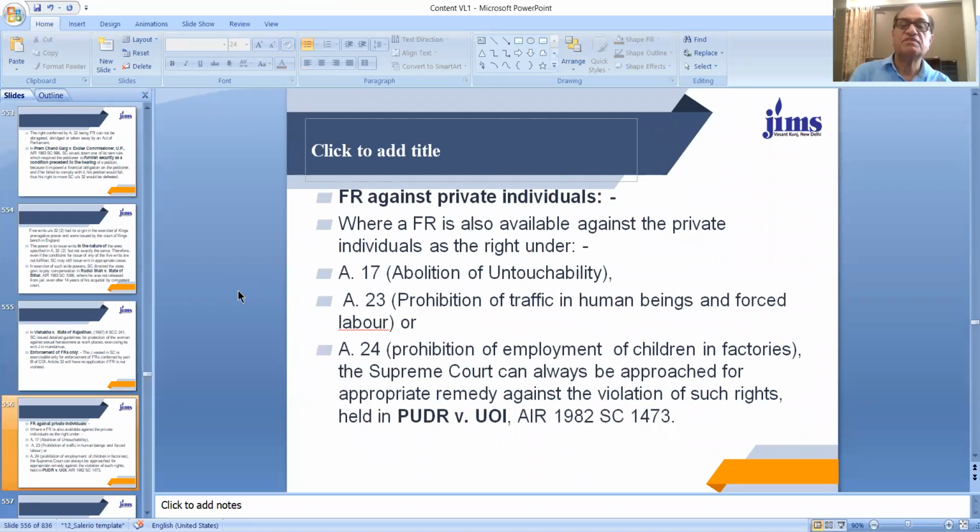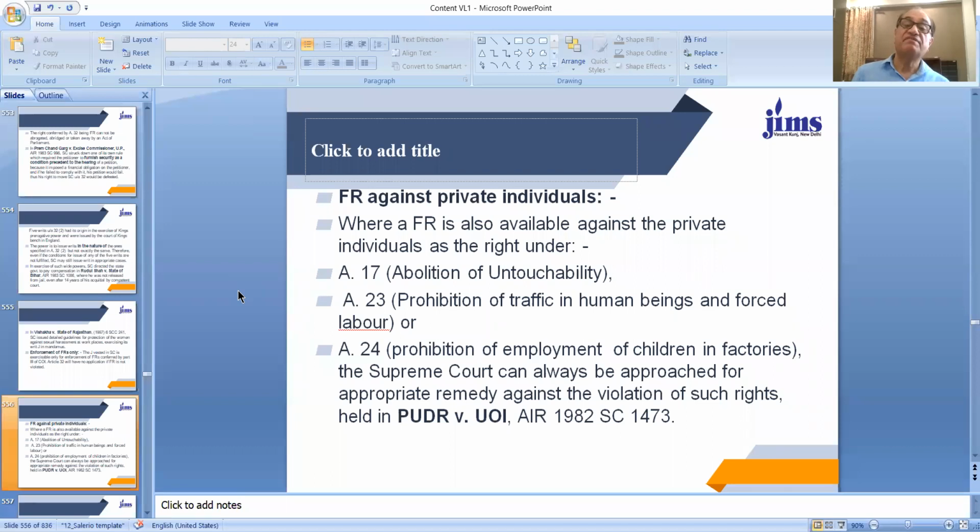Then there is another question, we have covered it in another lecture also, whether fundamental rights are available against private individuals or not. The normal rule is that fundamental rights are to be protected by the state, and state is defined in Article 12.